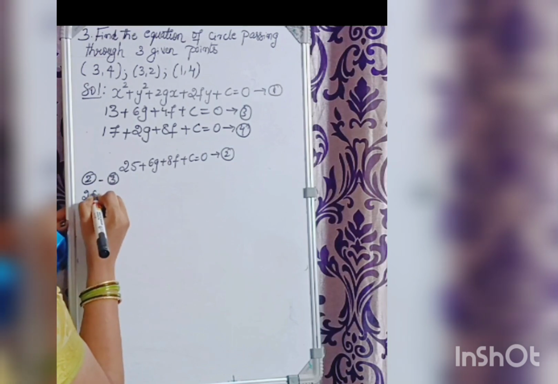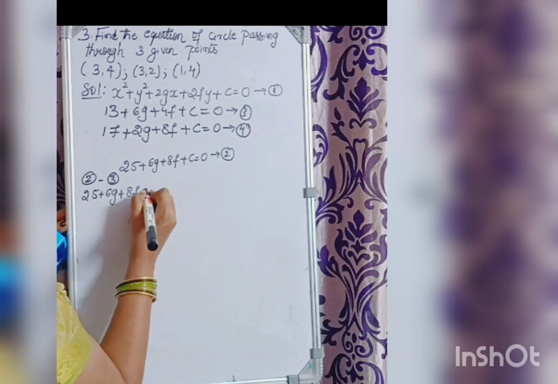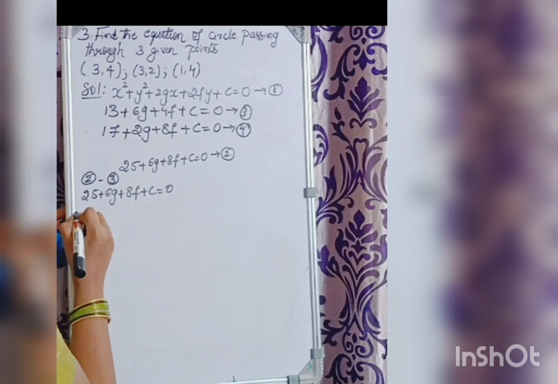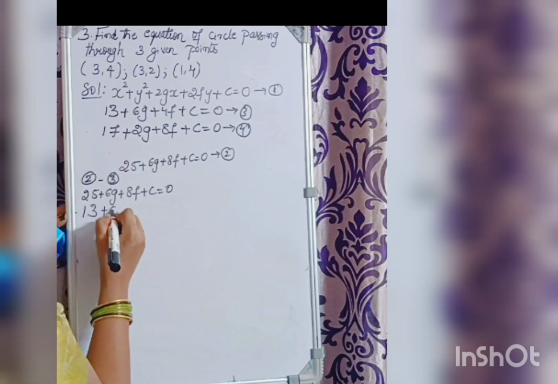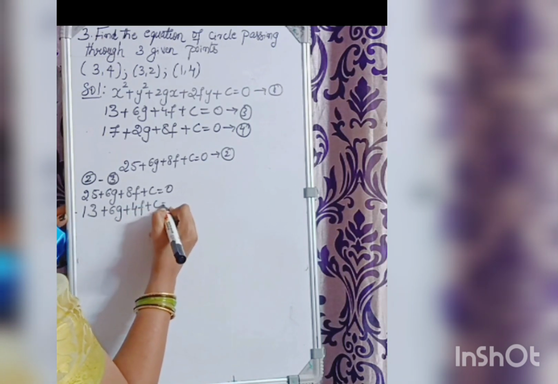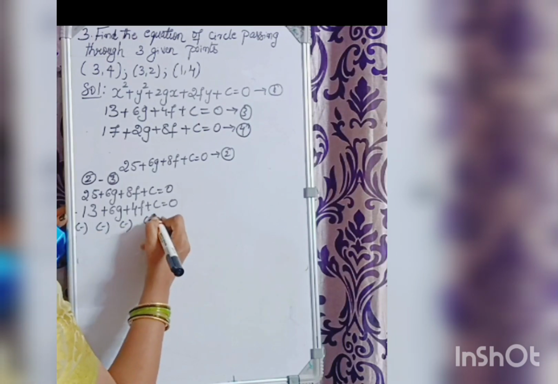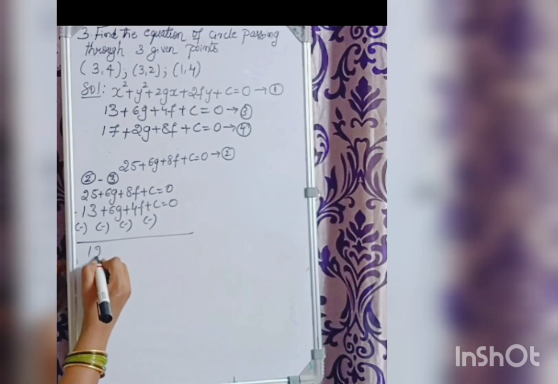So it is 25 + 6g + 8f + c = 0, minus equation 3, which is 13 + 6g + 4f + c = 0. Just interchange the values, so that I'll get 25 minus 13 is 12.